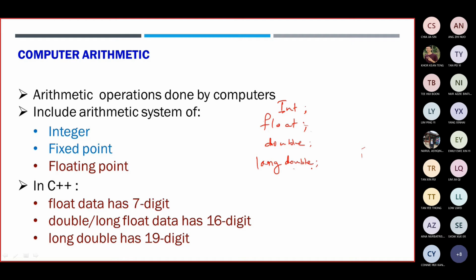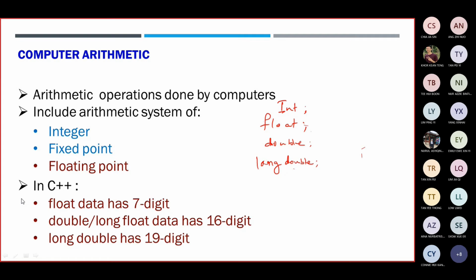Remember that float data is usually 7 digits, double is 16 digits, and long double is 19 digits. This is what we usually use in C++ to represent numbers, because our calculation may involve numbers with many figures, so we have to use those types accordingly.